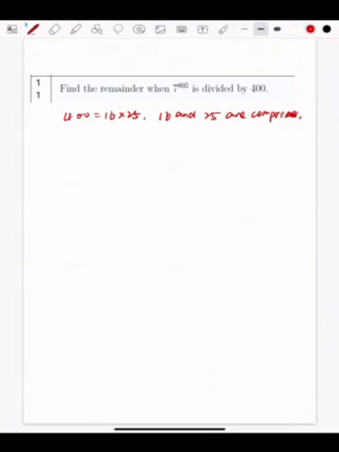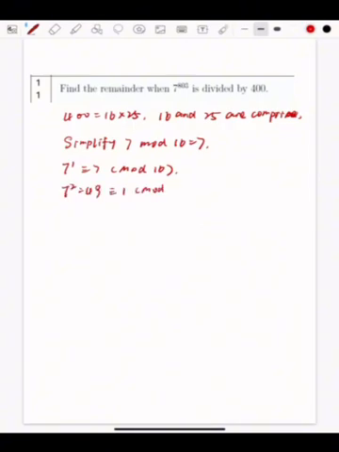And then I simplified 7. That is because of this equation here.